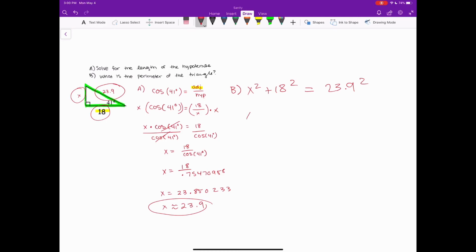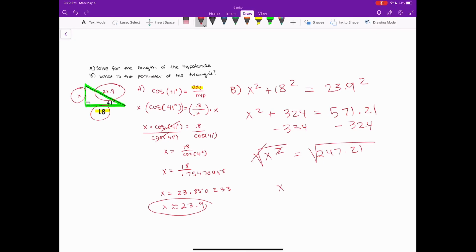So 18 squared is 324. 23.9 squared is 571.21. Again, I just did this all on my calculator. Subtract 324 from both sides, and I got x squared equals 247.21. And then to get x by itself, I have to square root both sides to cancel out that square.